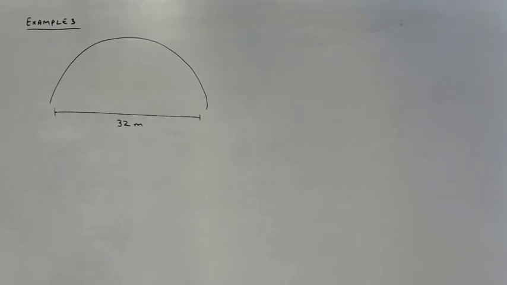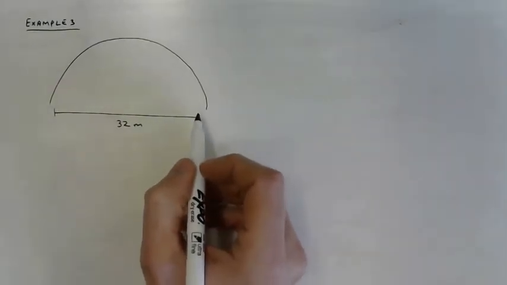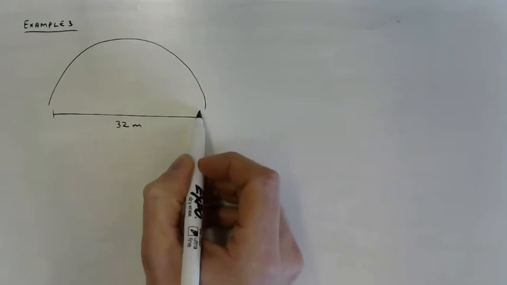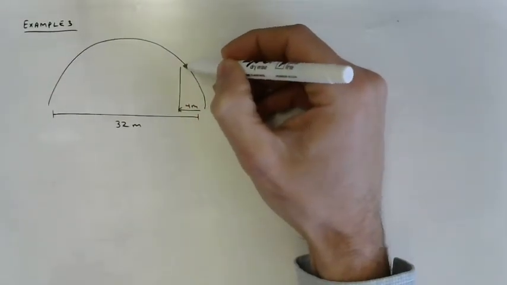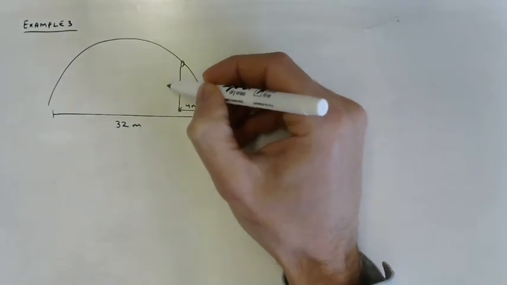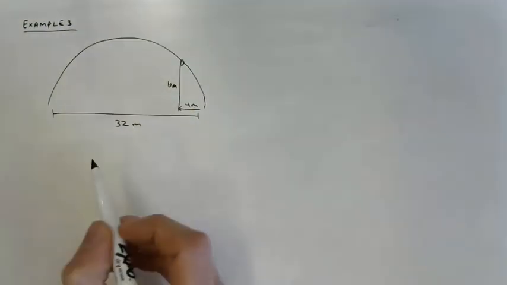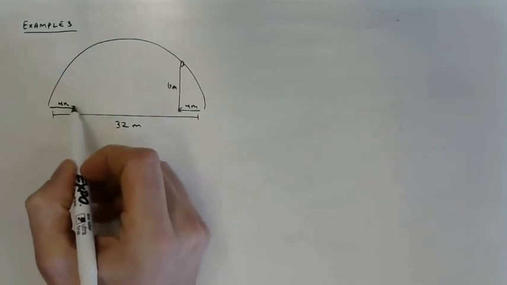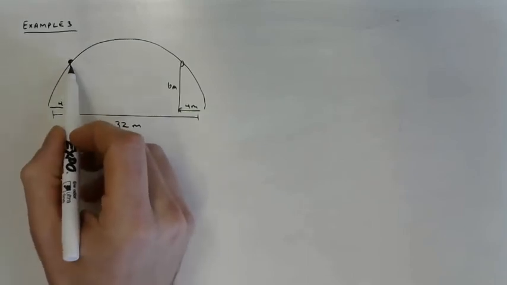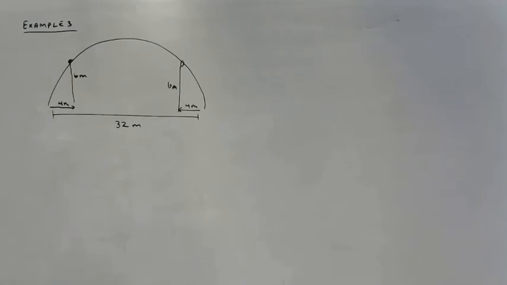At the points that are 4 meters from each side, the tunnel entrance is 6 meters high. So if I backtrack 4 meters here, we'll be at a height of 6 meters. And if I draw 4 meters in here, again, we'll be at a height of 6 meters. Now that shouldn't be so surprising because parabolas are symmetrical.